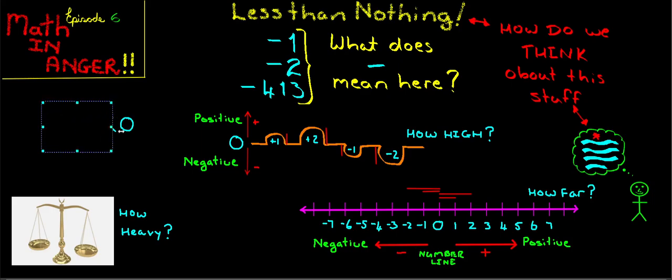So let's take a look at how we think about less than nothing. There are a couple of ways. All of them are valid, but you need to be sure that the one you use, you're using correctly. So you end up in an exam and you get asked which is greater, -1 or -2.